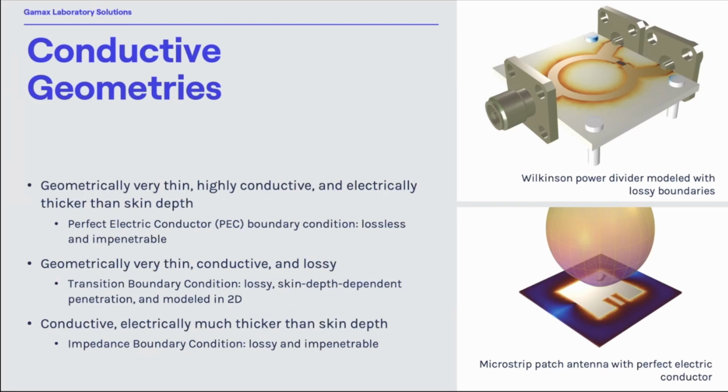Geometries are sometimes thin, so you can use a boundary condition for that, so you're not tied to creating a 3D geometry. That's also possible, and you can take into account the skin effect. You can calculate the skin depth, and you can investigate the mesh independence of your solution, and that's also possible here.